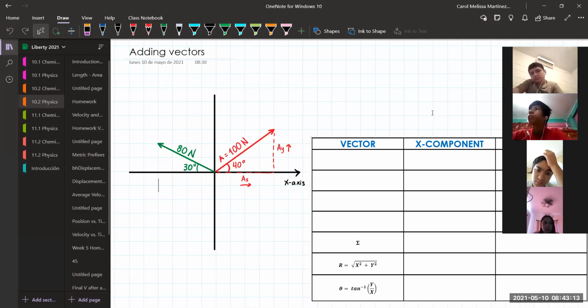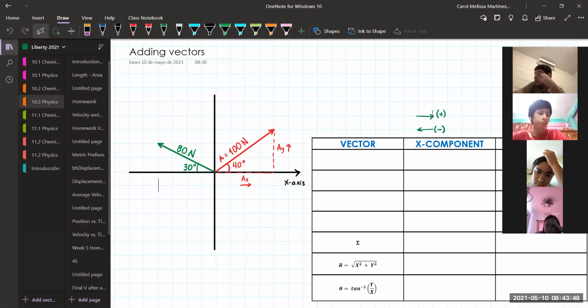Now, because x is going to the right, I want you to memorize this. Okay, what I'm going to write is that in the x components, in the horizontal components, going to the left is a negative direction, but going to the right represents a positive direction.